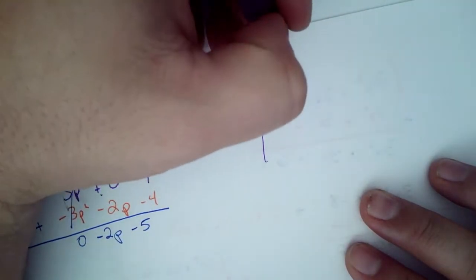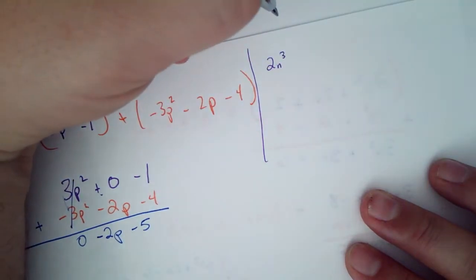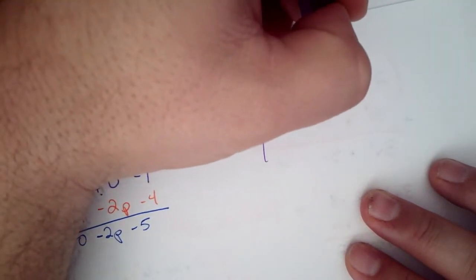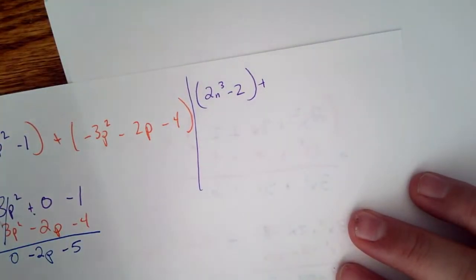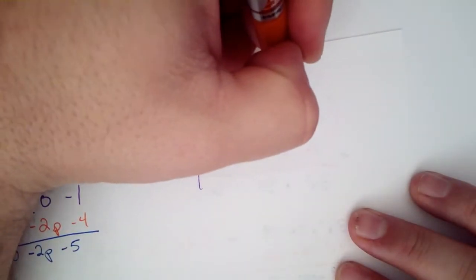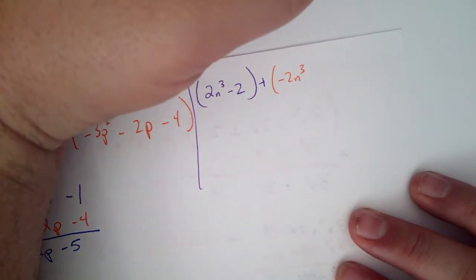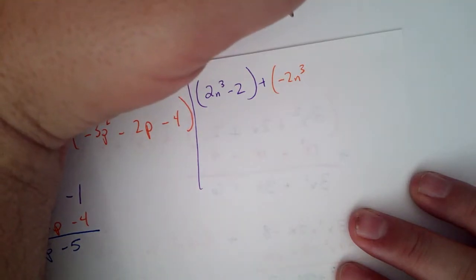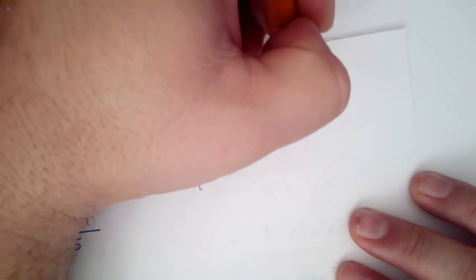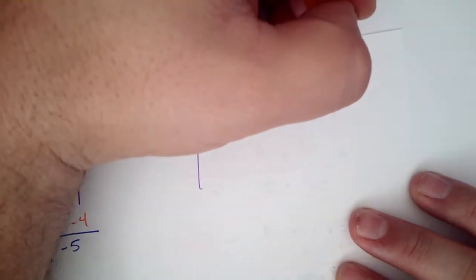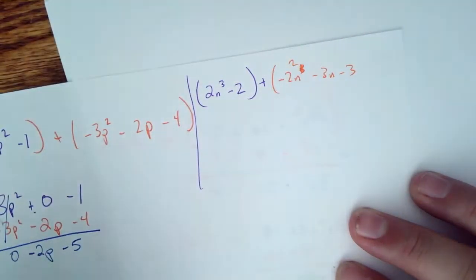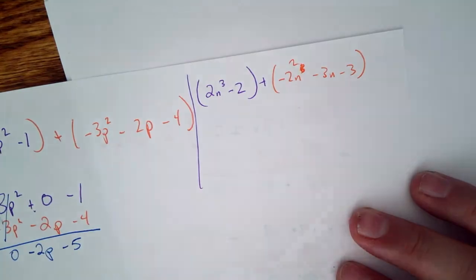So we have 2n to the third minus 2, and we are adding this to negative 2n squared, minus 3n minus 3. Okay, so there's my two polynomials I'm adding together.